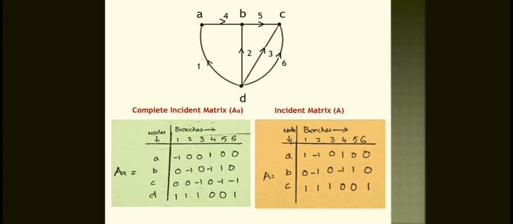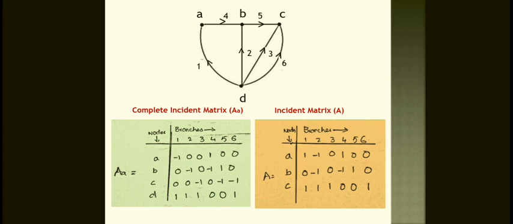The same with respect to B. Incoming are 4 and 2, outgoing is 5. So 0, minus 1, 0, minus 1, 1, 0. This is the second row. With respect to C, incoming are 5, 3 and 6, so all are incoming, so 0, 0, 0, minus 1, 0, minus 1, minus 1.